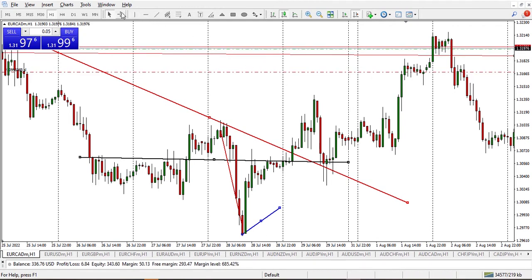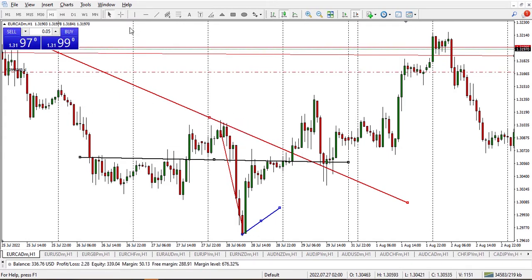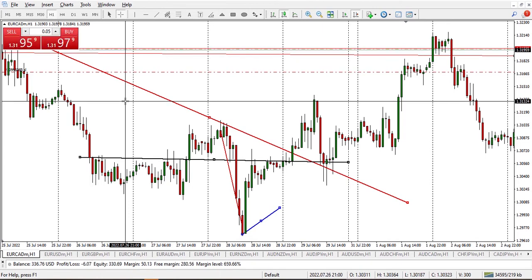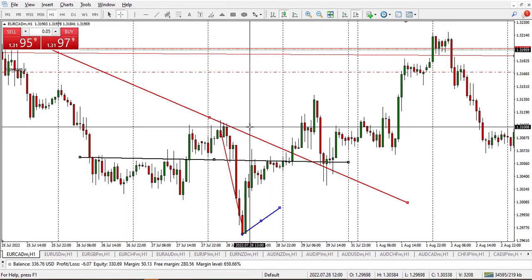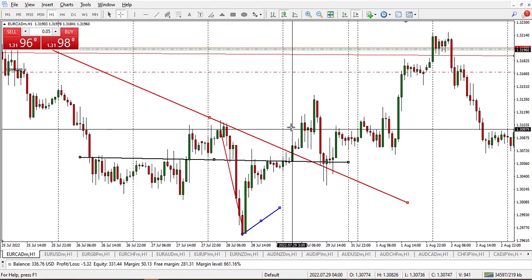So if you look at how many pips that would have generated for you from this level, even to this level alone, you already have 20 pips for your first take profit. And then if you speculate that you might get to this level here, that would have given you how many pips? 62 pips. So if you thought that the market was going to stop here, for me, this will be my first take profit. And as you can see, the market broke and got to this level here.